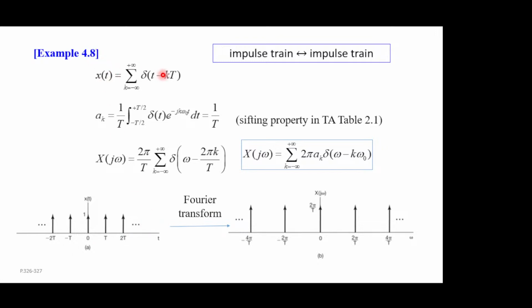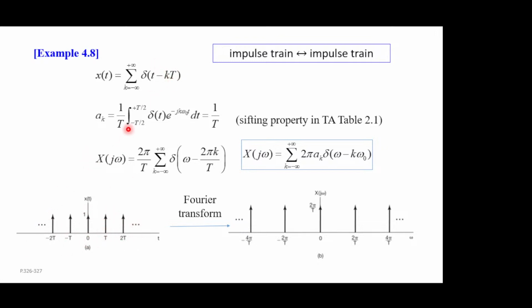So let's say our x of t is this periodic function made of delta functions; here we just have the sum of delta of t minus kT. So it's a delta function with area 1 at every multiple of big T. Obviously it's a periodic function because it repeats itself every big T.